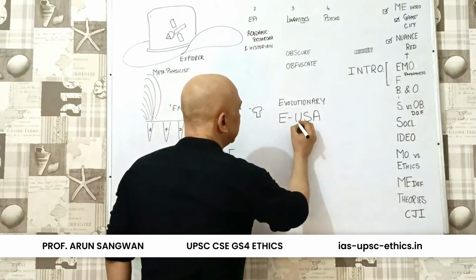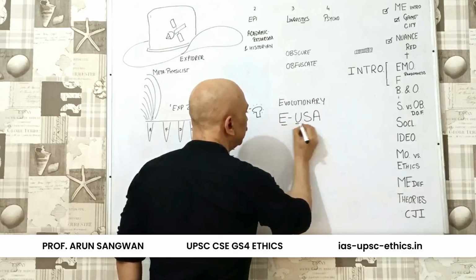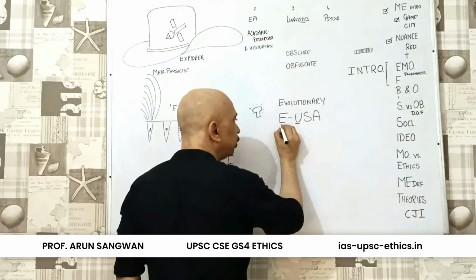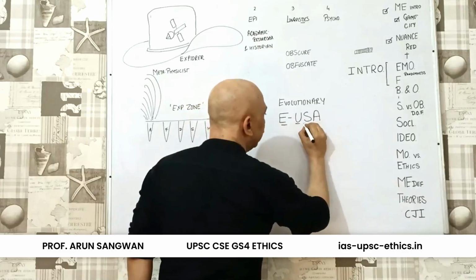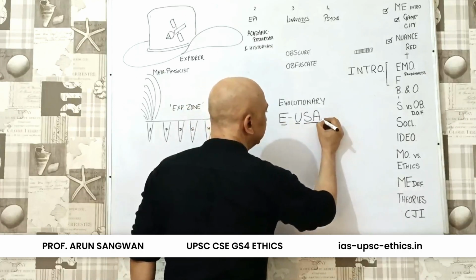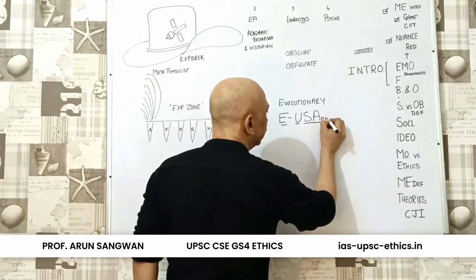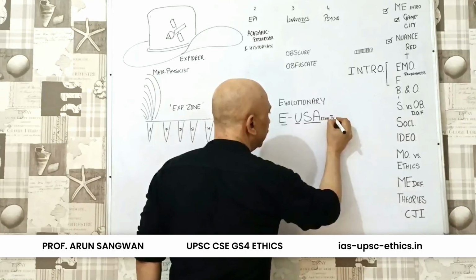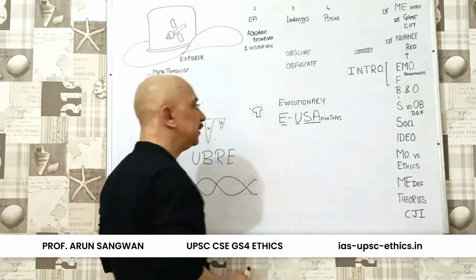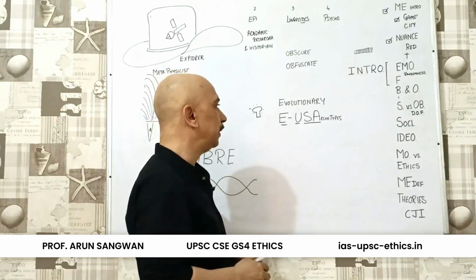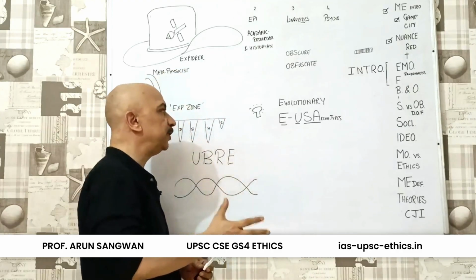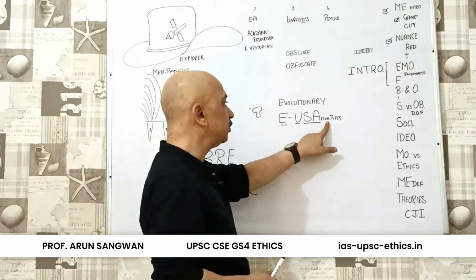What it basically means is universal evolutionary survival archetypes. The spelling is archetypes, ARCHETYPES.